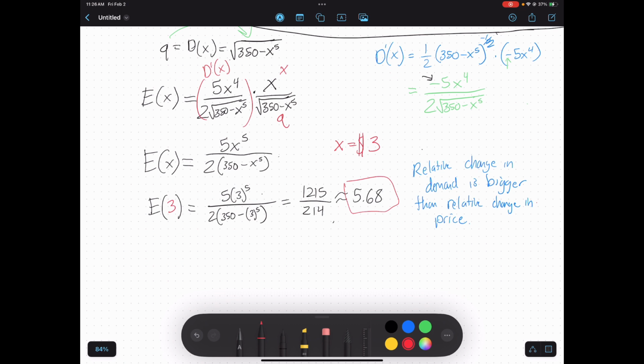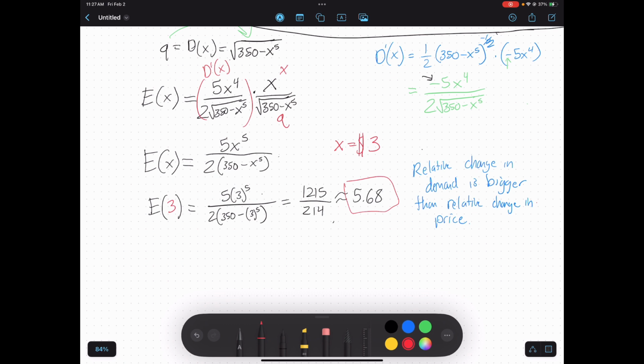But let's go the other direction. What if I lower the price? If I lower the price, it's still going to have an effect on my demand, but it's going to have the opposite effect. It's going to increase the demand by almost 5 times as much, or by more than 5 times as much as I lowered the price. Is that a good thing? If I'm the producer, if I'm the company, absolutely.